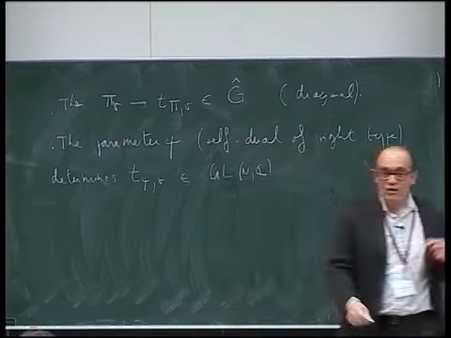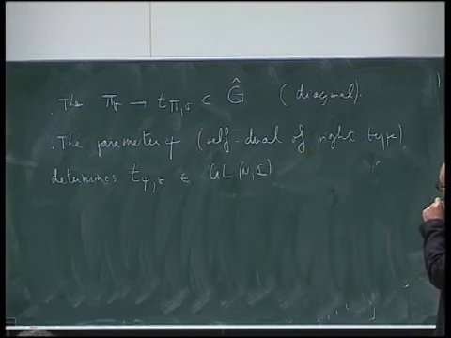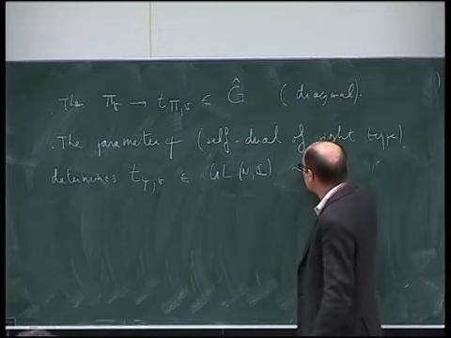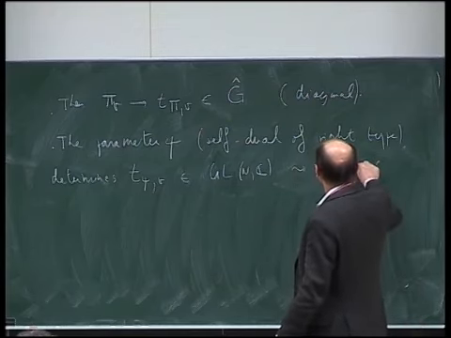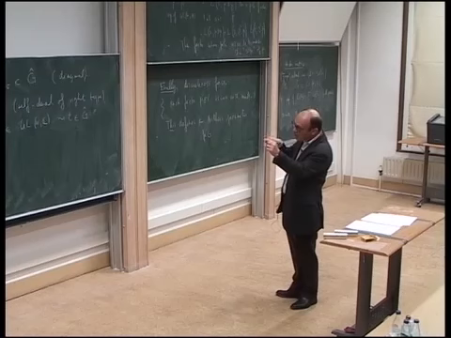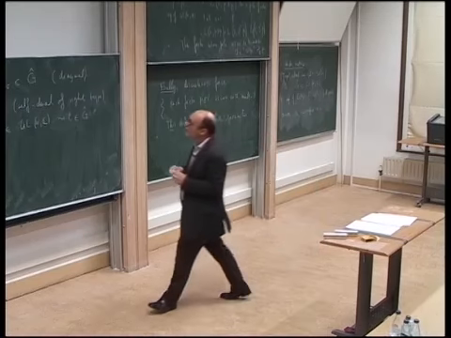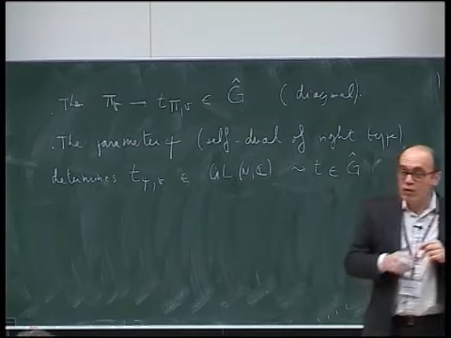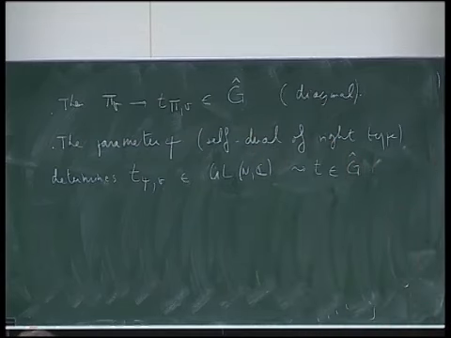But in fact, since it's a diagonal matrix, we may as well think of it as an element in G hat. Of course, the matrix will have to satisfy the conditions which are true for a diagonal matrix in the orthogonal group, for example, but that's the case.